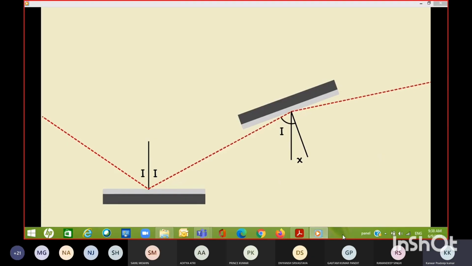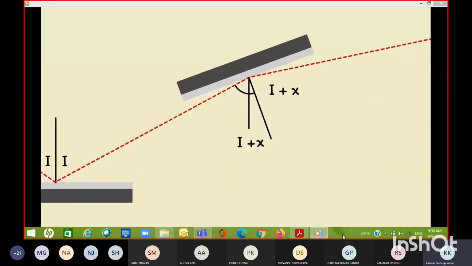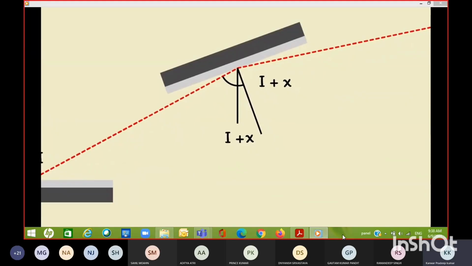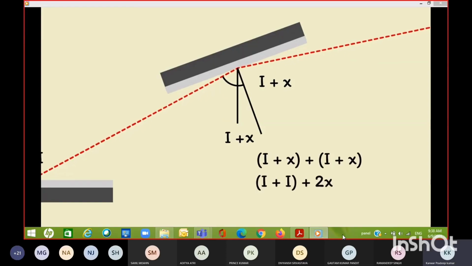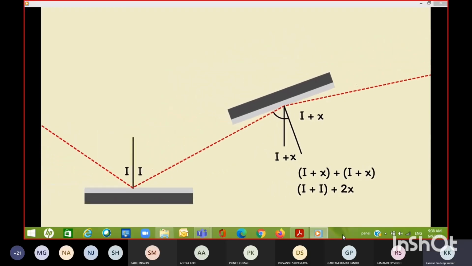It's now I plus X. Then, due to the law of reflection, the angle of reflection here equals I plus X as well. If we look solely at the second mirror, the total deflection of the ray of light is I plus X plus I plus X, and rearranging this gives I plus 2X. Compared to the first mirror, the difference is 2X.